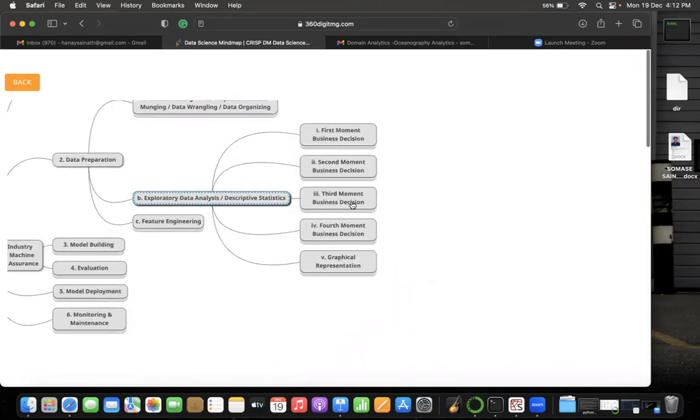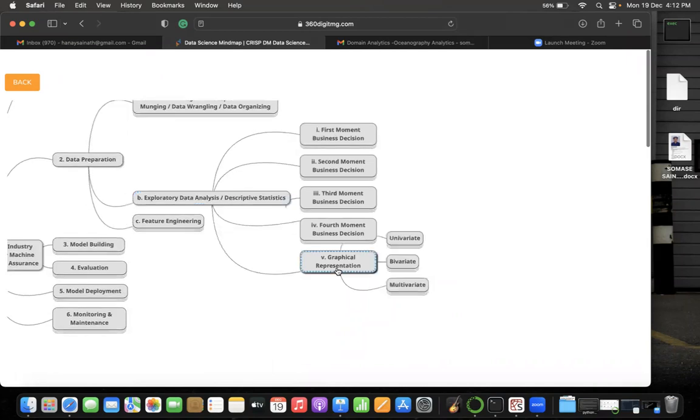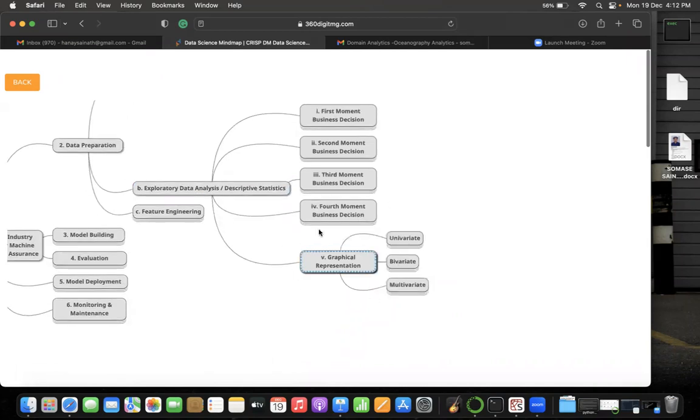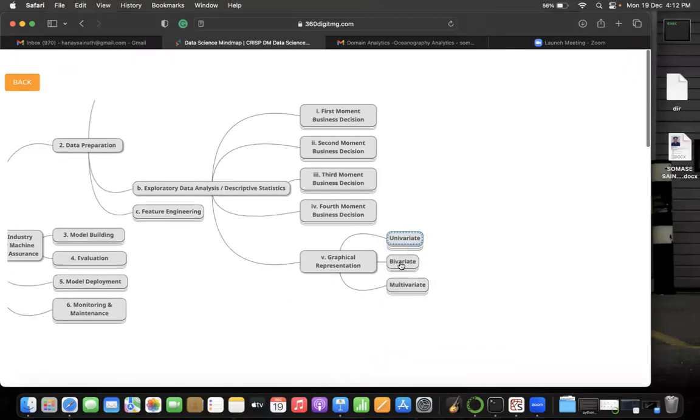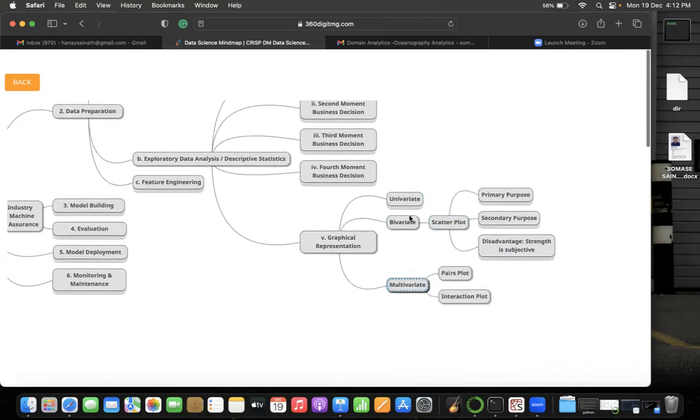We have done all this for the moments of business decision. We also have univariate, bivariate, and multivariate analysis.